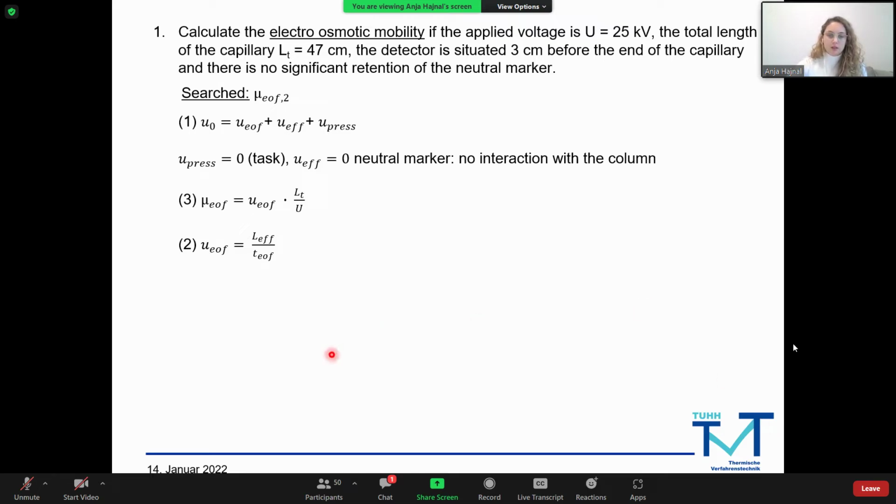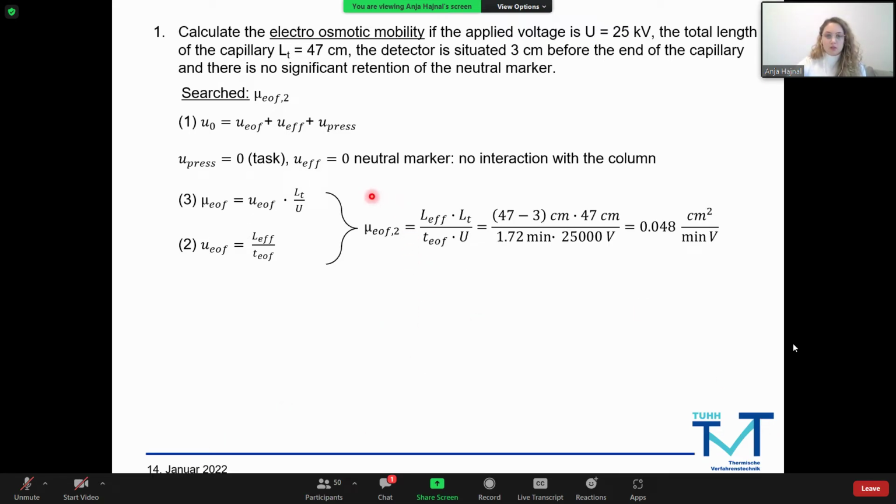All right. What you should obtain is, so as I mentioned, we need to calculate the electroosmotic mobility. The applied voltage is given, we have the total length of the capillary, which is LT.